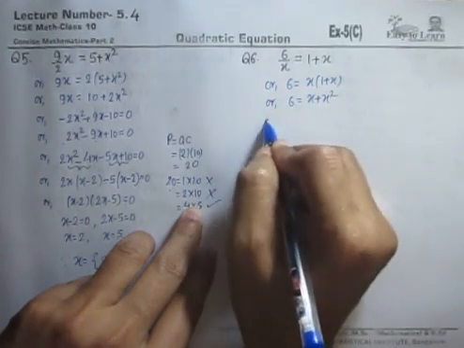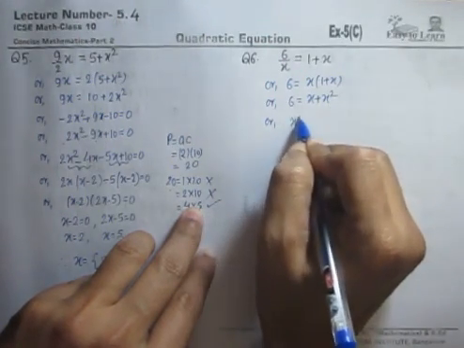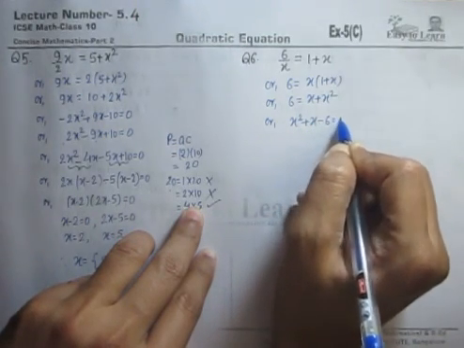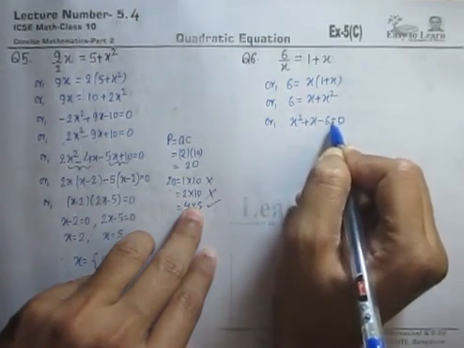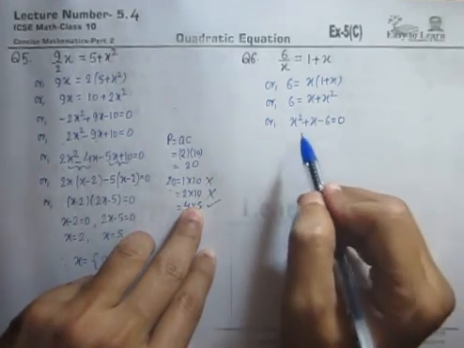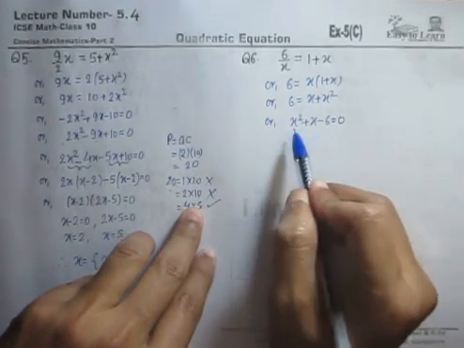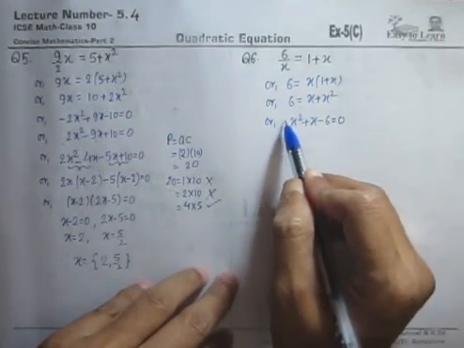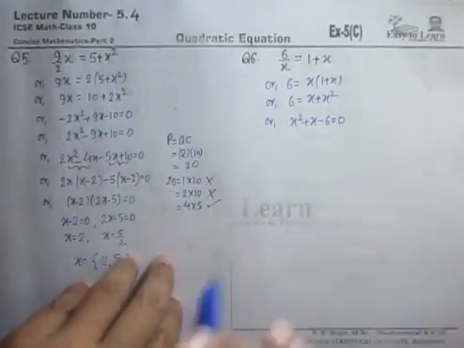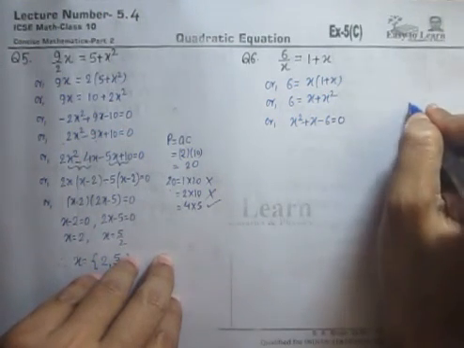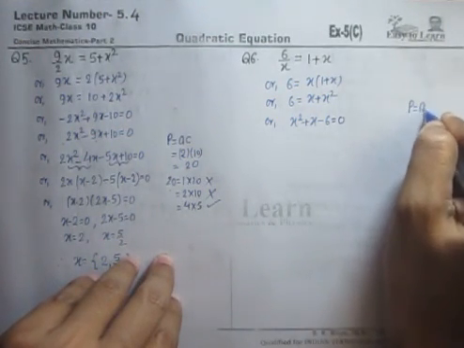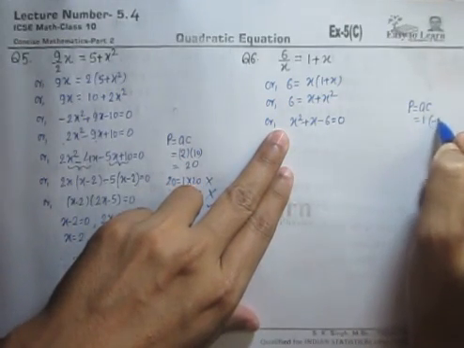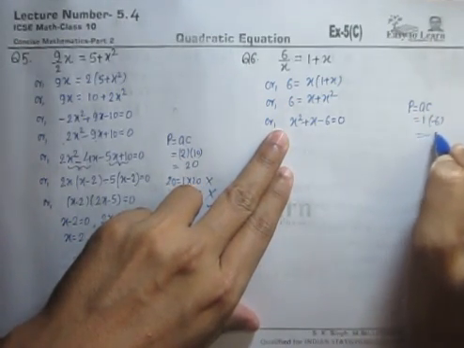Now shifting all the terms to one side, we will get x square plus x minus 6 equal to 0. Always try to keep the coefficient fractionless and make a habit to keep the coefficient of x square always positive for convenience. Now here the product of a and c, the value of a is 1 and the value of c is minus 6, so the product is minus 6.